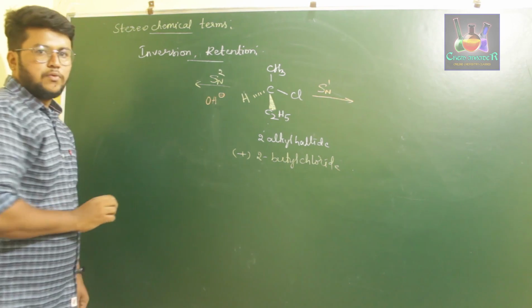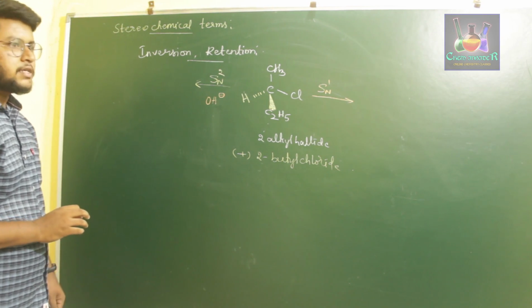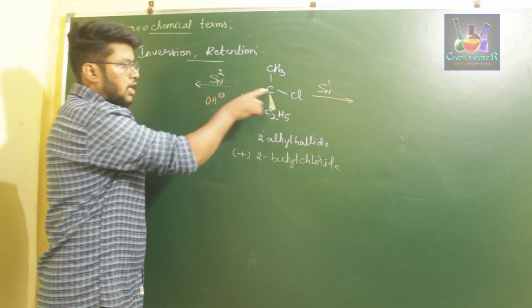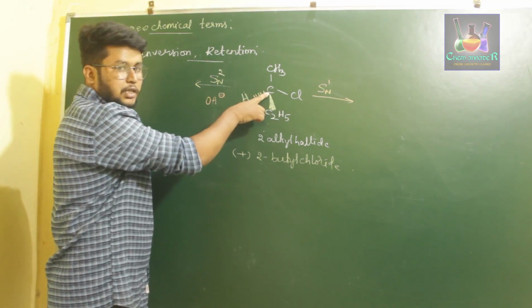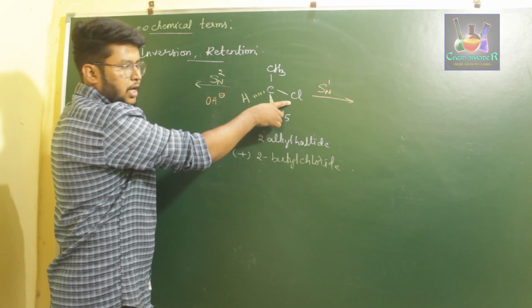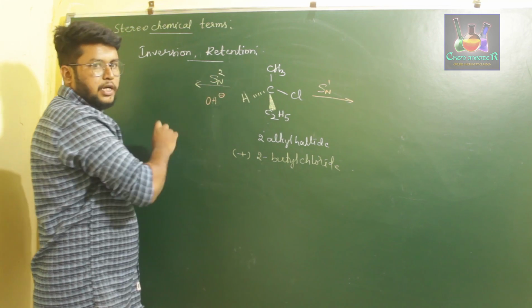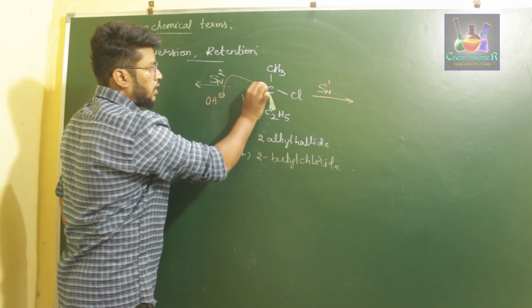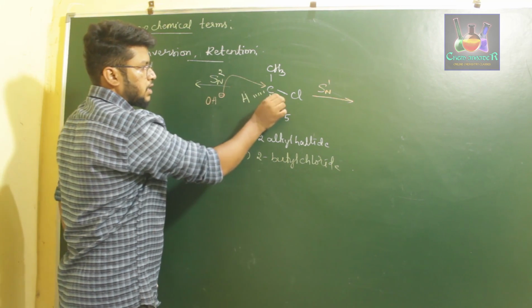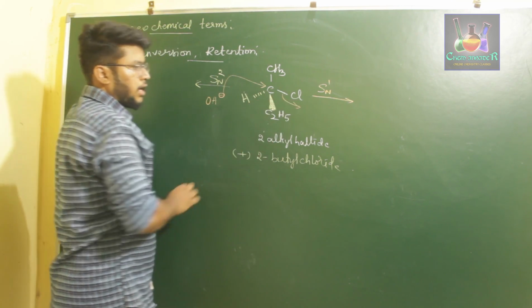As we know, the SN2 mechanism takes place in a single step, and OH minus attacks the carbon which is attached to the halogen atom from the opposite direction. So this OH minus will be attacking from this side, and the chlorine leaves the bond like this.